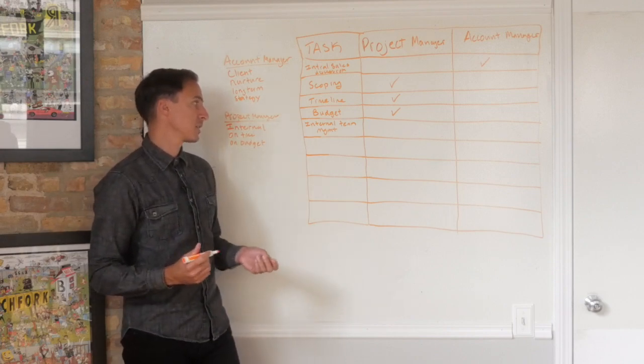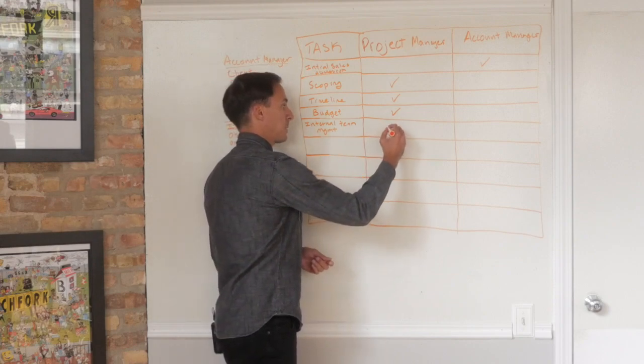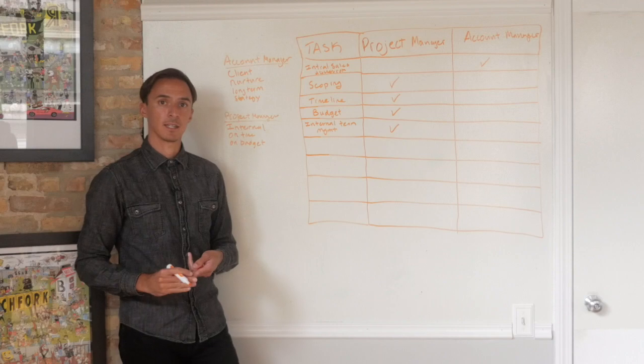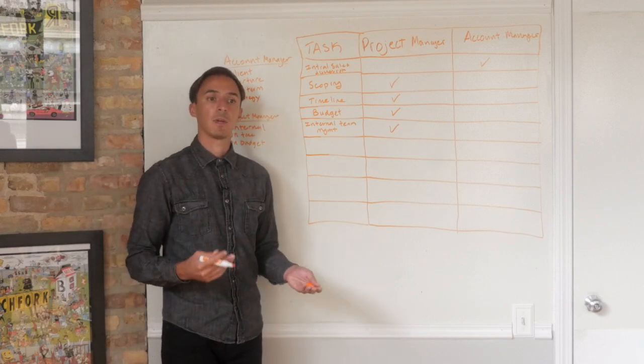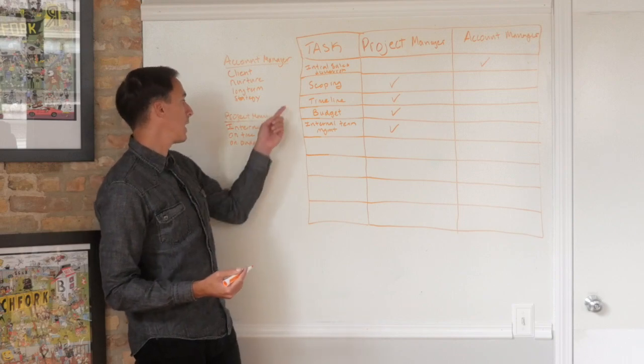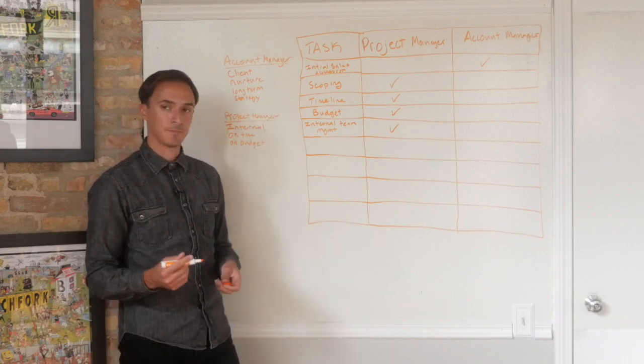This is the responsibility, again, you guessed it, of the project manager. They're the ones who are going to manage the internal team, schedule the internal meetings, and communicate to the larger team about what needs to happen and make sure that the wheels are moving so they can hit that on time and on budget deadline.